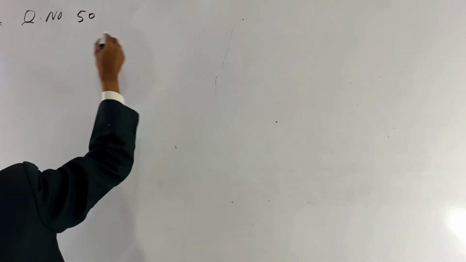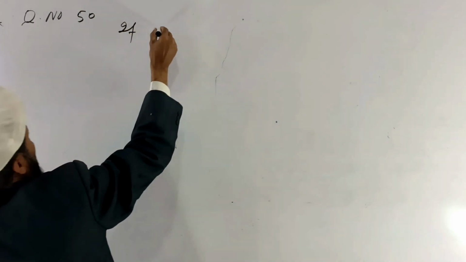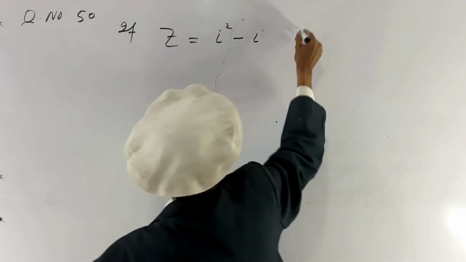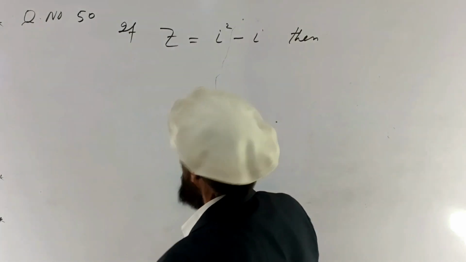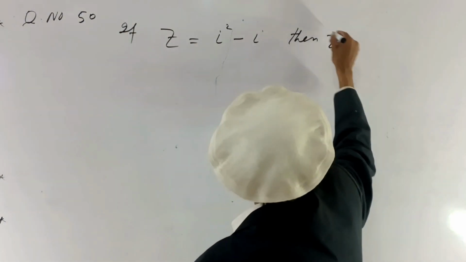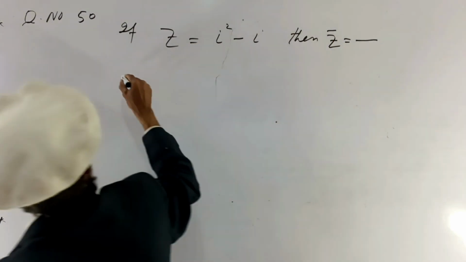Question 50. If z is equal to iota square minus iota, then the value of z bar is equal to what?